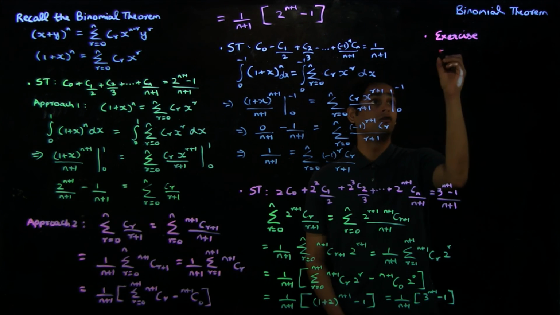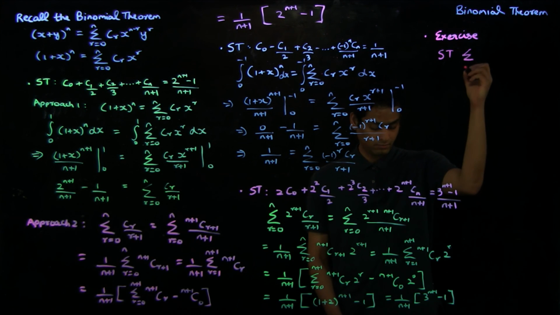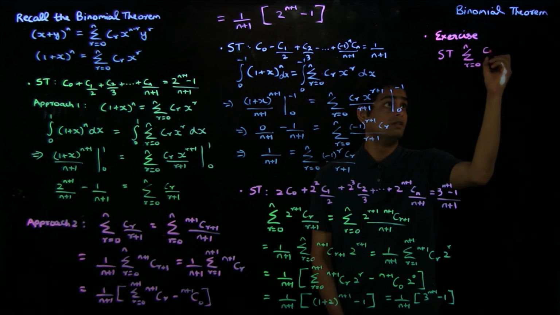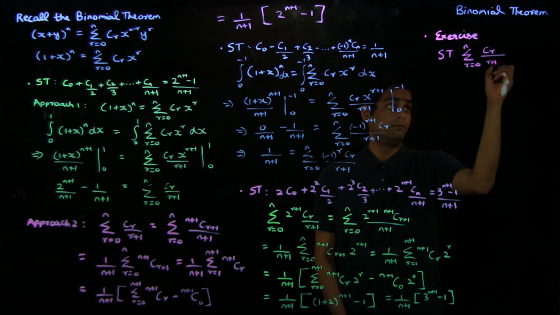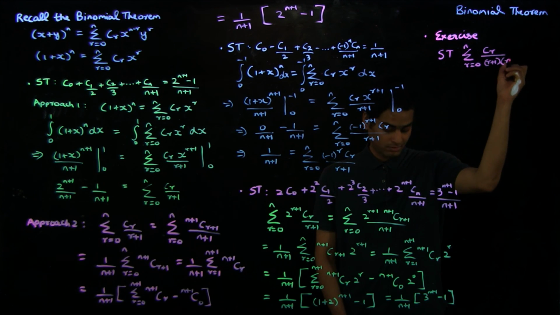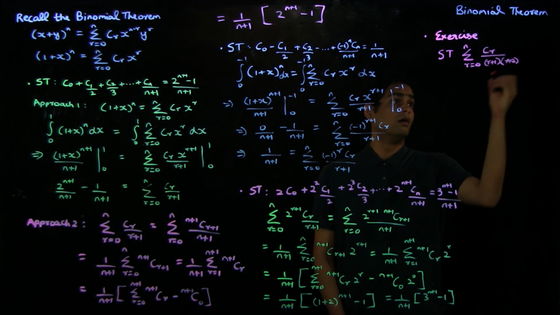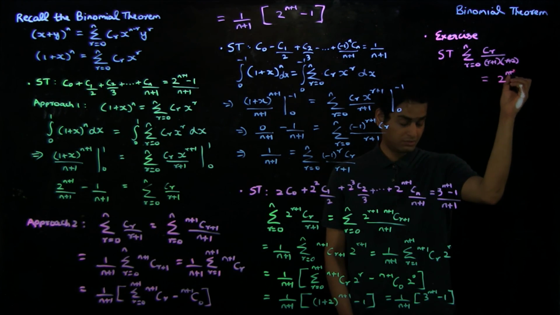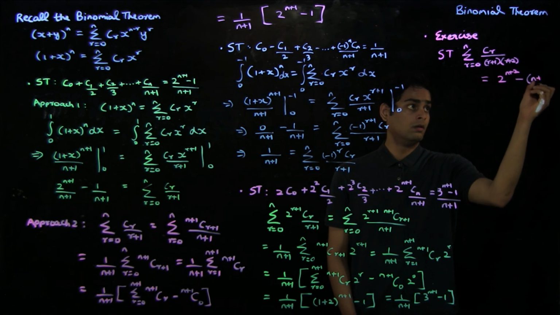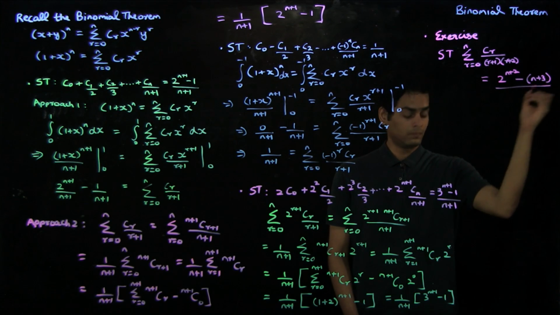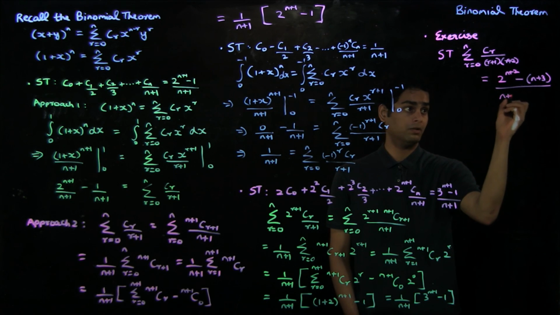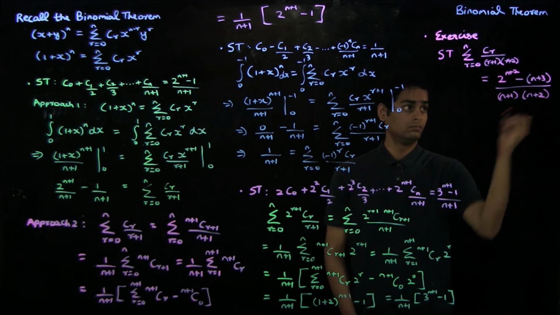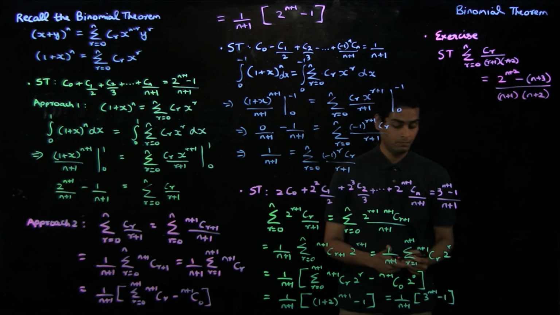It says, show that the summation r equal to 0 to n of nCr over r plus 1 times r plus 2 equals 2 power n plus 2 minus n plus 3, whole divided by n plus 1 times n plus 2. So you're asked to show this result.